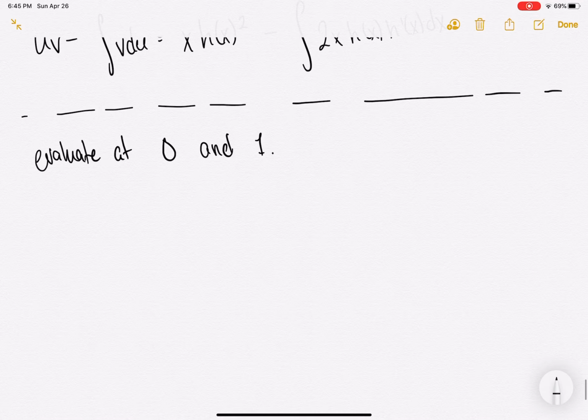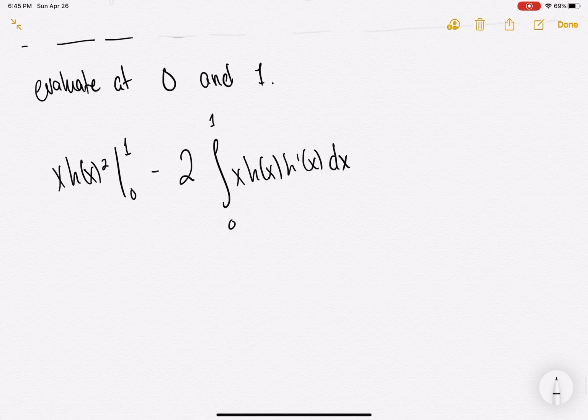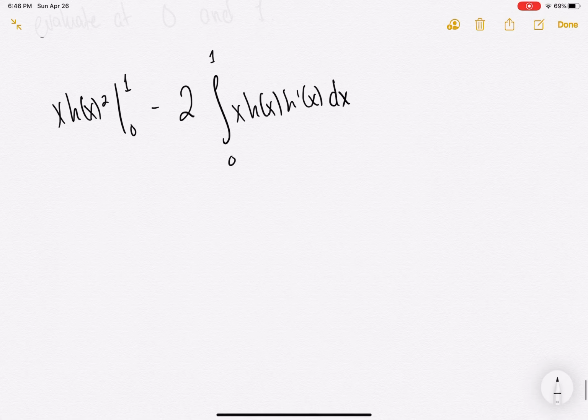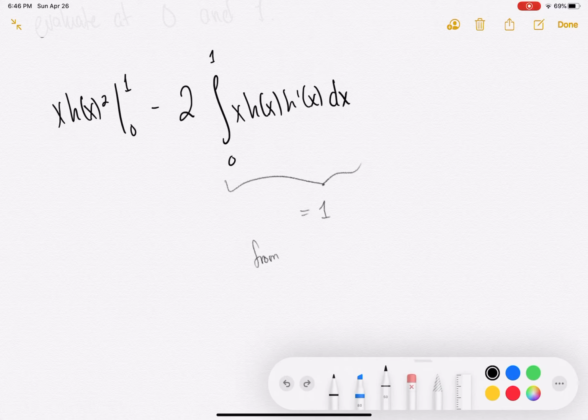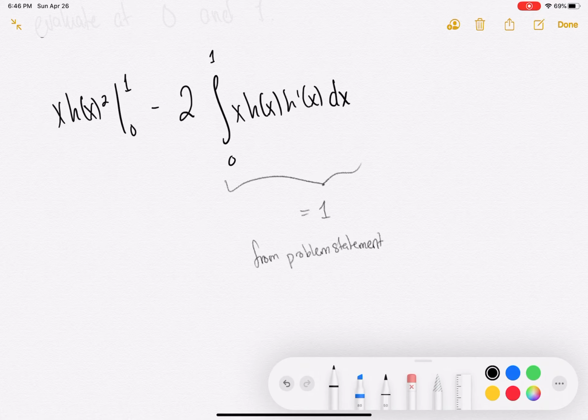That's actually x h of x squared at 0 and 1 minus 2 times the integral 0 to 1 x h of x h prime of x dx. And all of a sudden I know these values. This equals 1 from the problem statement.